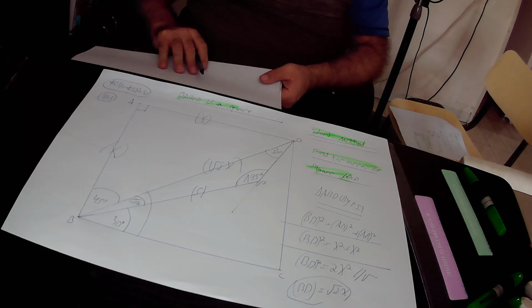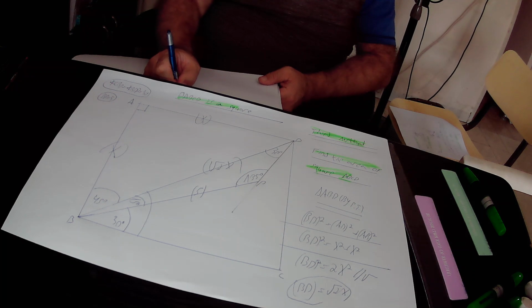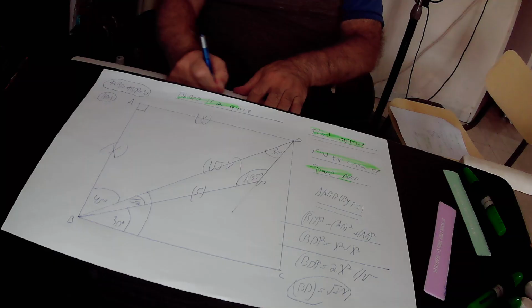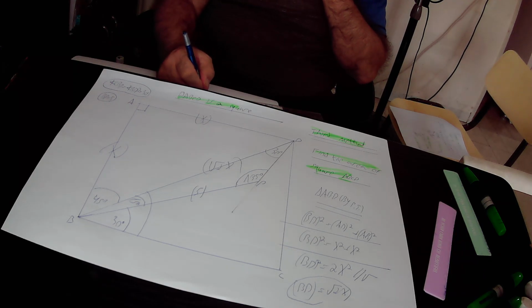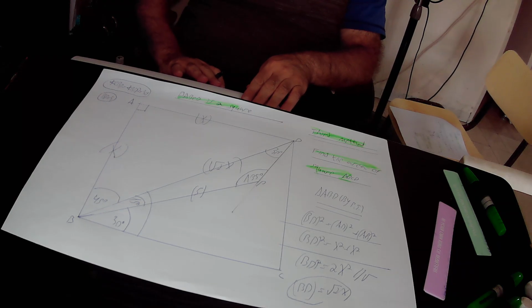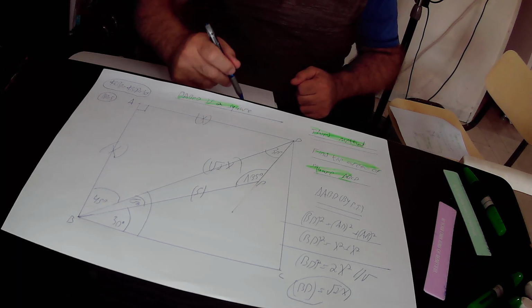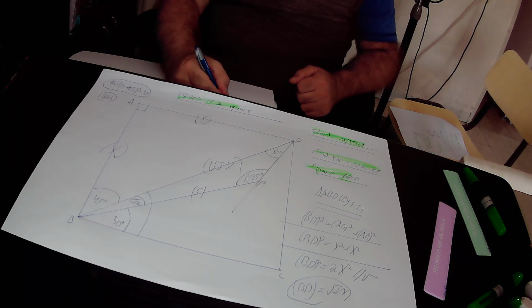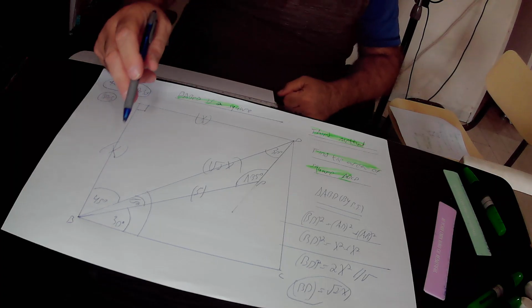According to the law of sines in triangle DPB, DB over sine 135 degrees equals BP over sine 30 degrees.